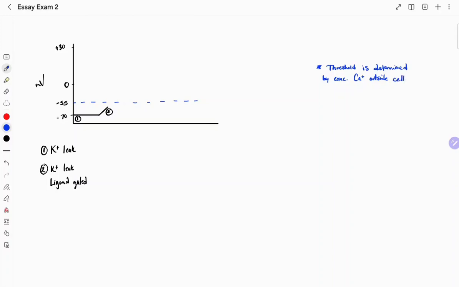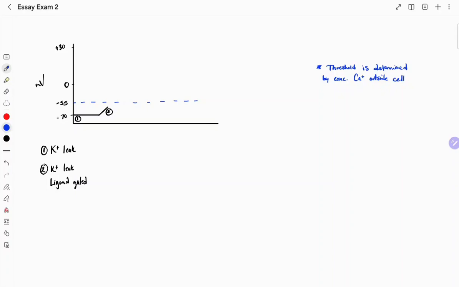And that's because calcium is involved in opening and closing sodium gated channels. The more calcium we have, the harder it is for the channel to open. The less calcium we have, the easier it is for those sodium channels to open.